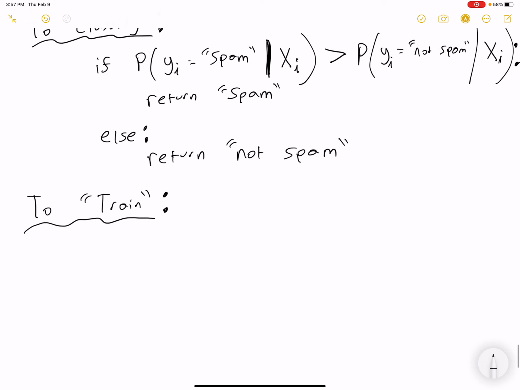So what we want to do is evaluate the probability of spam and not spam.